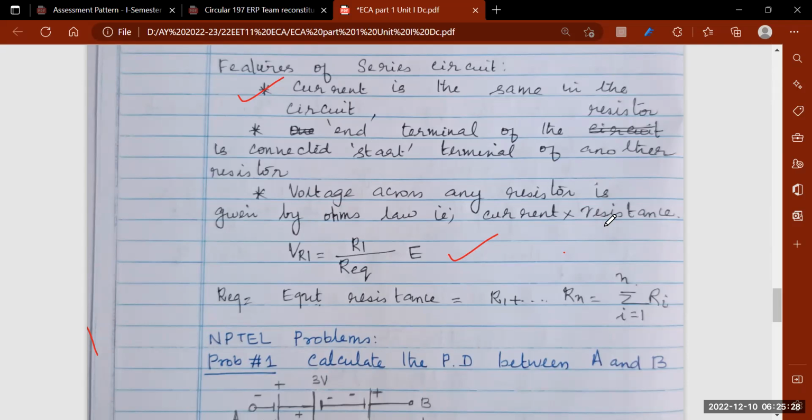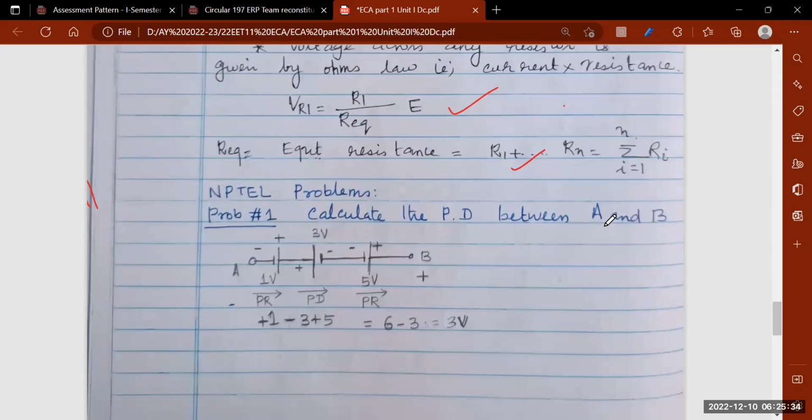The summation I can call R equivalent, where R equivalent is given by R1 plus R2 up to RN, and this I can write as the summation of Ri for i equal to 1 to N. Okay, so if you have N resistors, the equivalent resistance is given by the addition of all resistances.